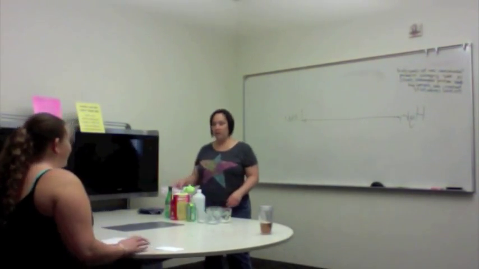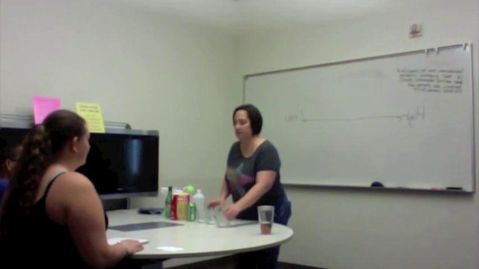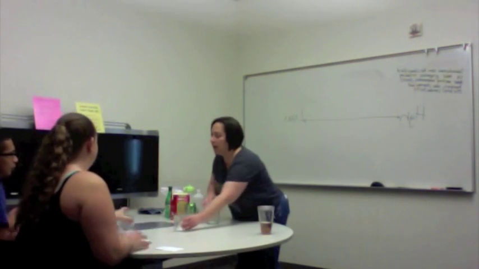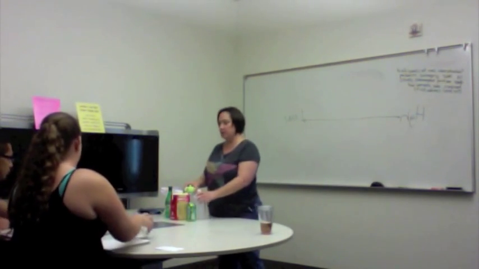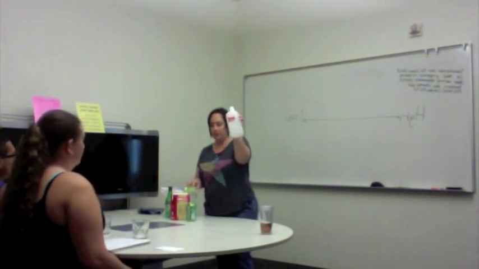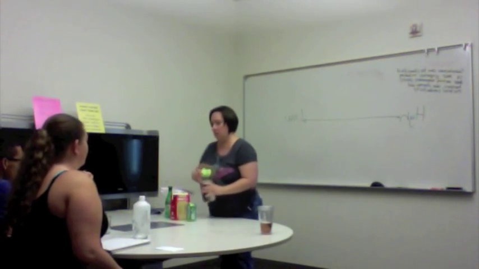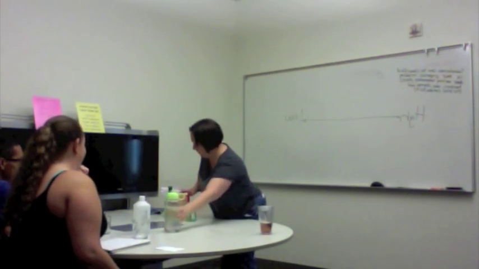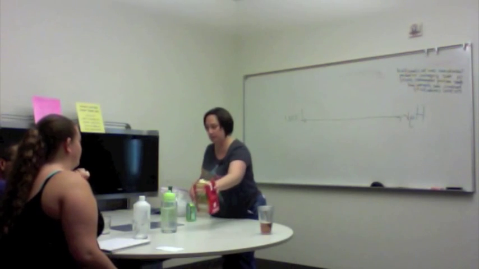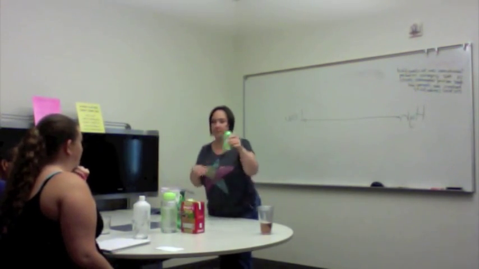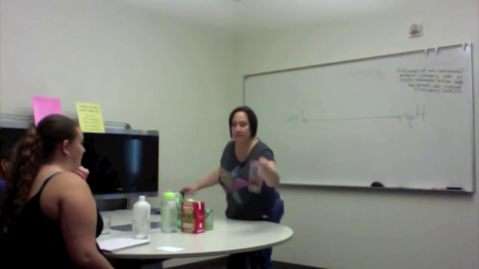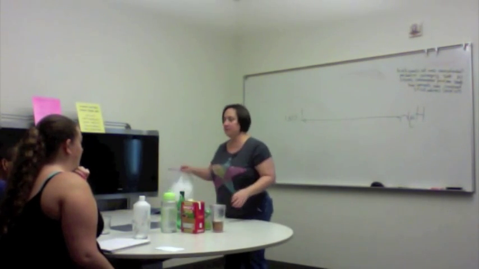Okay, guys, I'm going to let you try this on your own. So here are some glasses, and I'll pass those out. I have a bottle of rubbing alcohol, some water, apple juice, mineral water, some Sprite, some iced tea, and then here's some ice.